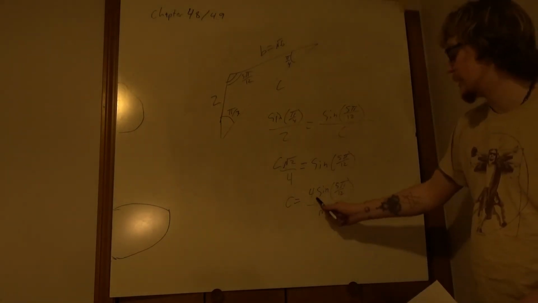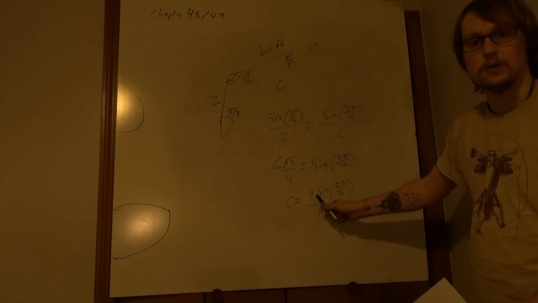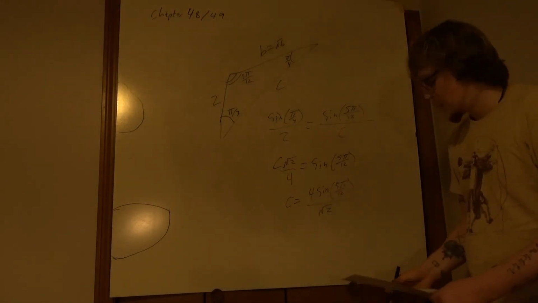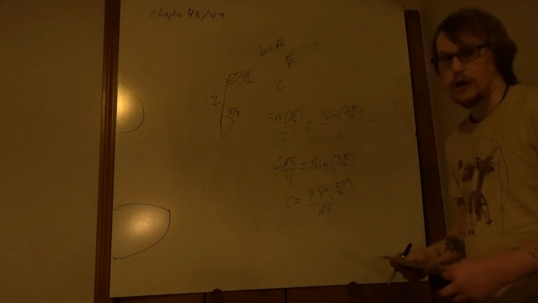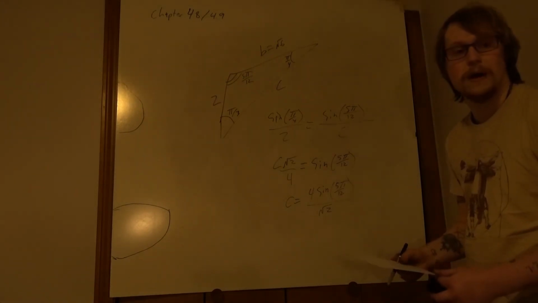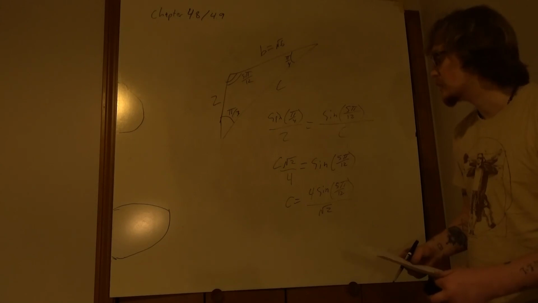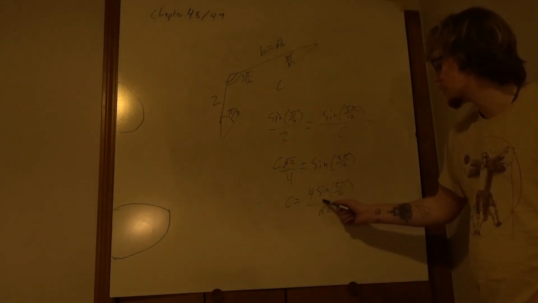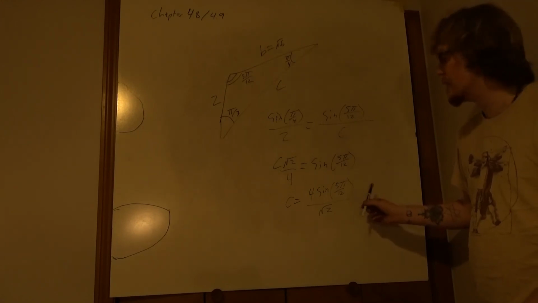And yes, there's a way to cancel these, but I'm not going to do that. Instead, as the proverbial mathematician always says, I'll leave it as an exercise to figure out exactly what sine of 5 pi over 12 is.